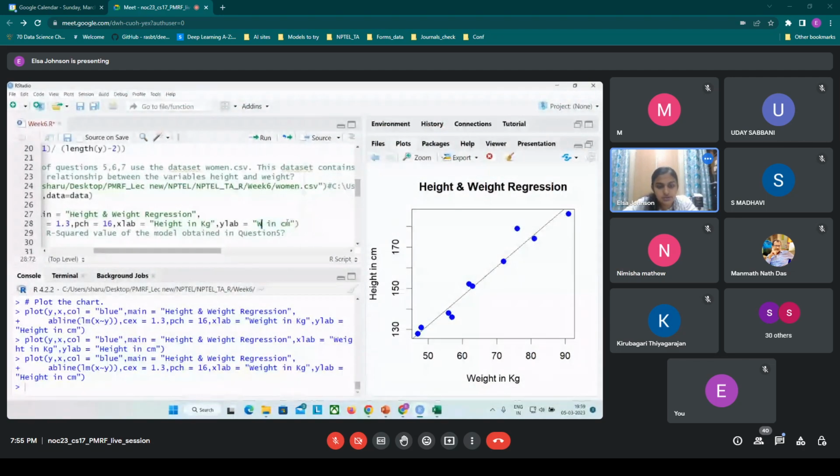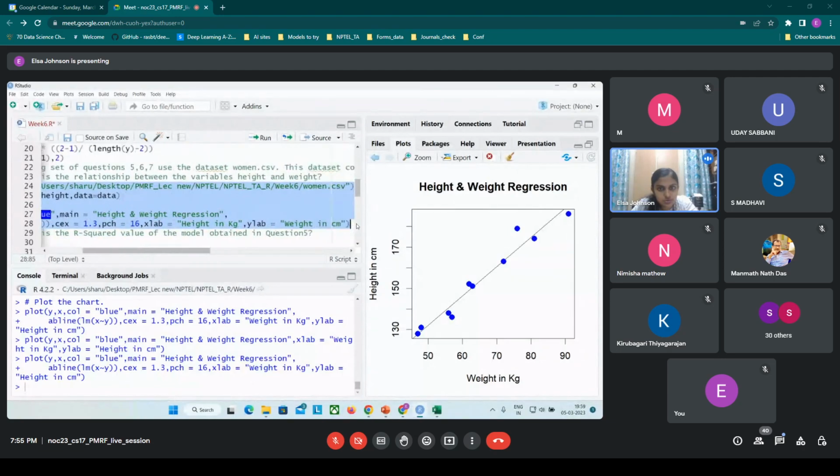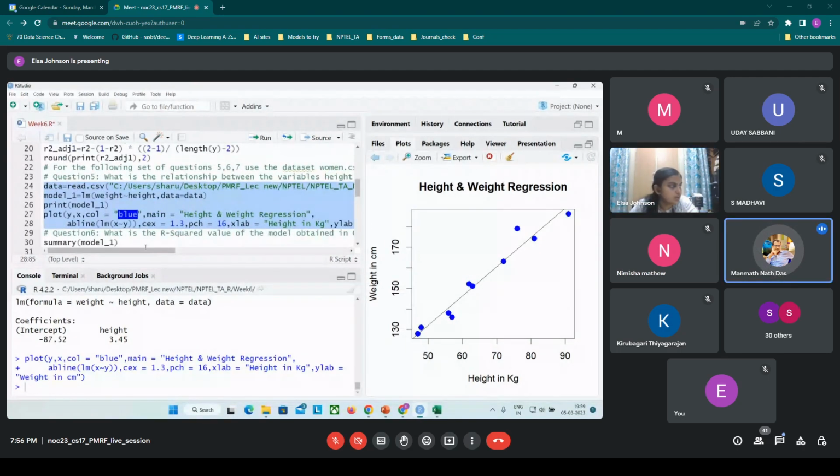Now if you run this whole thing, it will change like this.